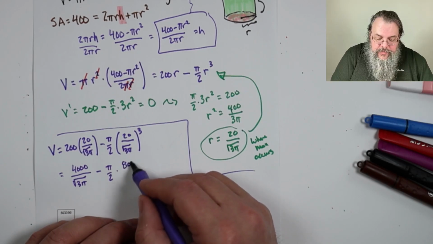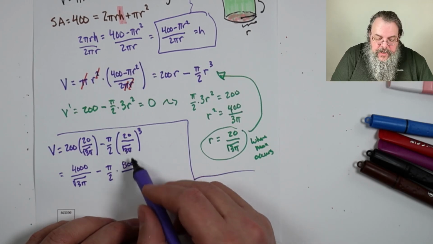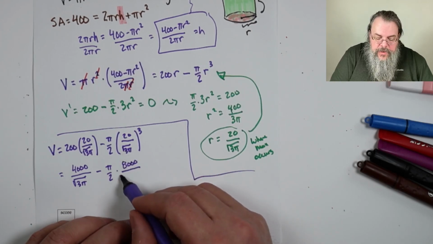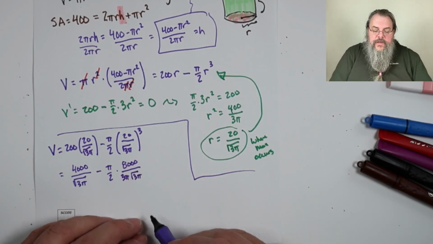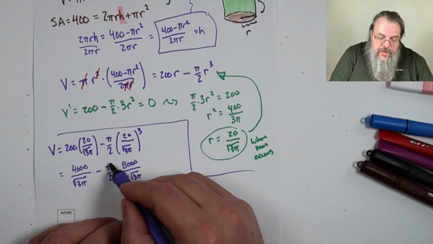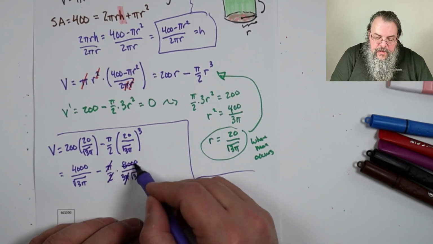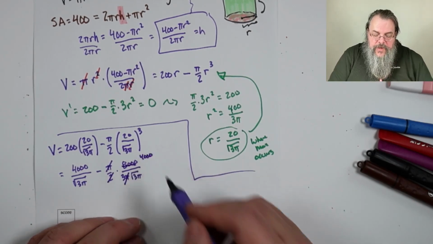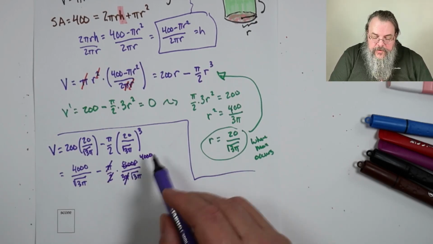Wow, that's a big number. Now downstairs, the square root of 3 pi cubed will actually be 3 pi times the square root of 3 pi. And, good news, the pi's cancel. 2 goes into 8,000, leaving us with 4,000. And so that's 4,000 thirds.